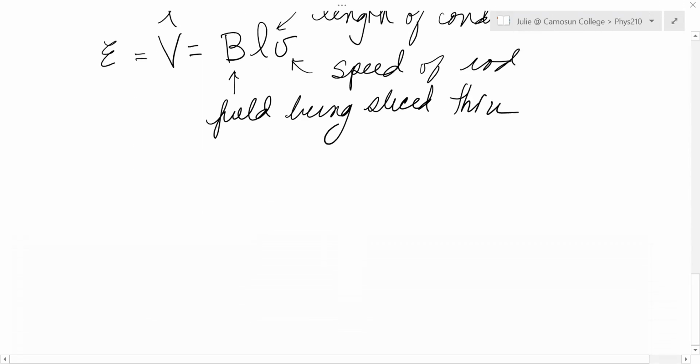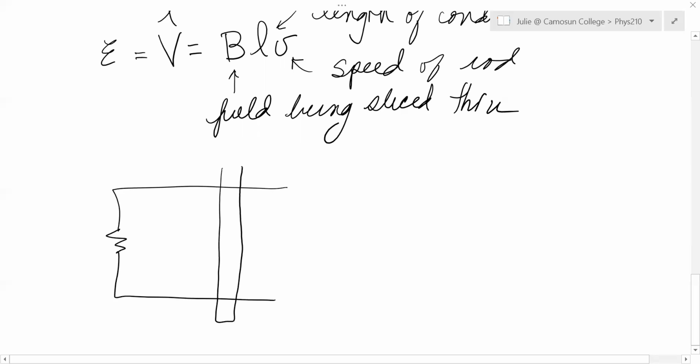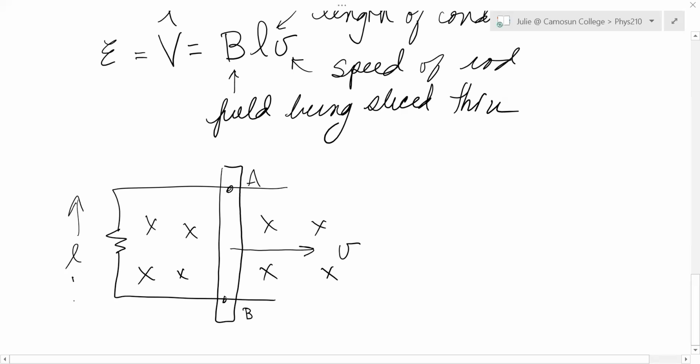Okay, now an application of that BLV is this classic question. It's actually like a rail gun. If you put a conductor on conducting rails, immerse this in a magnetic field, pull this to the right at some speed V, you're going to get a voltage between A and B that depends on this length, L. And that voltage will be the BLV.